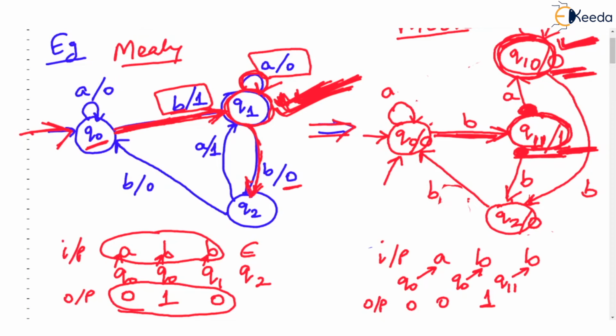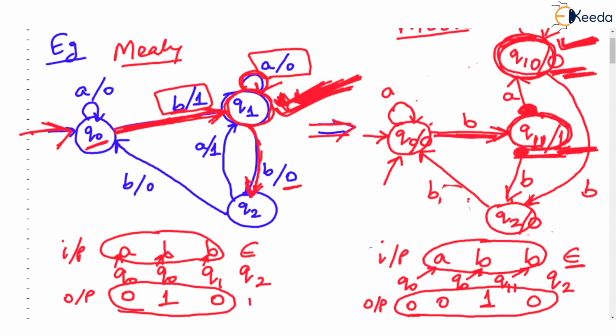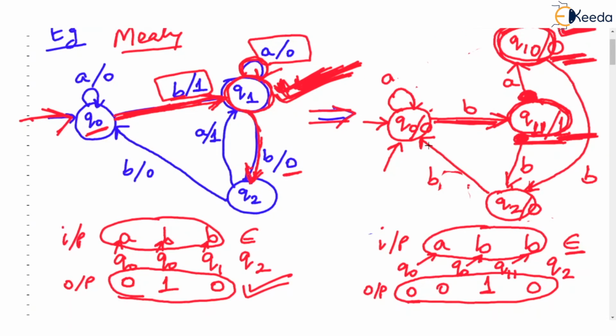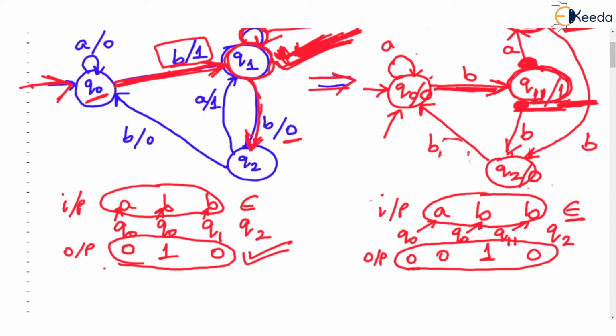Now Q11 reads B, and when Q11 reads B, it goes to Q2 state and outputs 0. That's it. After this, we have end of input. So if the input given is A double B, then the output is 0010, which is the same as the output we got for the Mealy machine. Check the last three symbols 0, 1, 0 and check the last three symbols for Moore machine 0, 1, 0, which is the same, and you know this is an extraneous output produced by the Moore machine at the beginning.